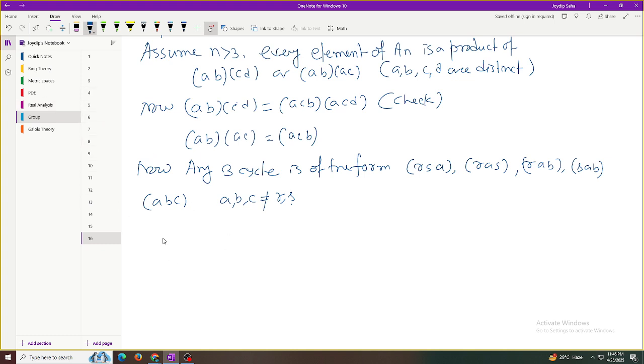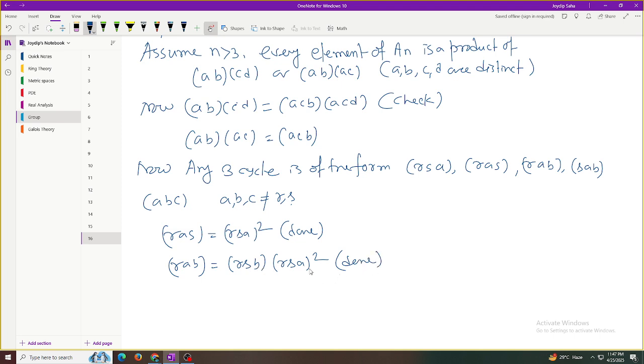Okay, so now RAS we can write as (RSA) whole squared. So it is done. You can write it by this RSK type. Okay, RAB you can write as (RSB)(RSA) whole squared. Done.